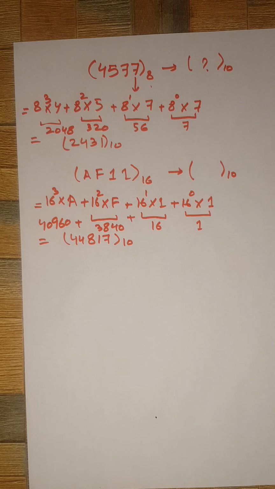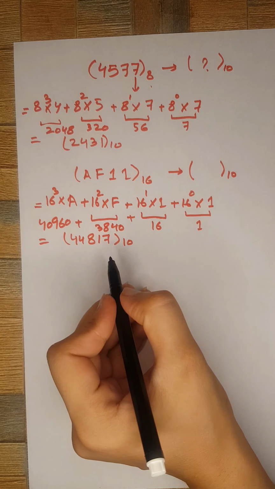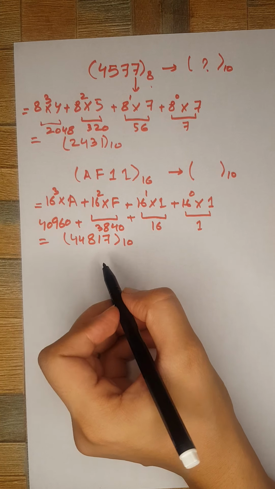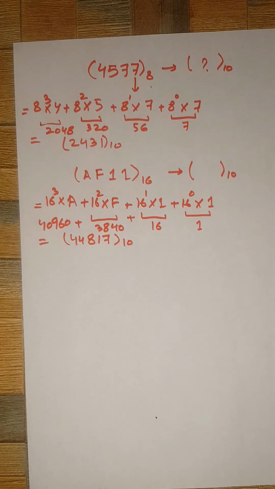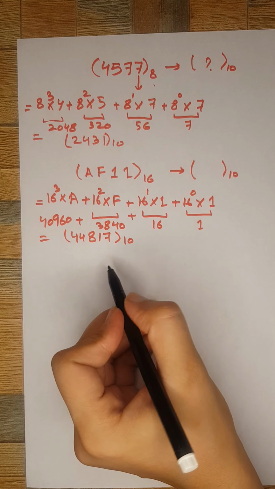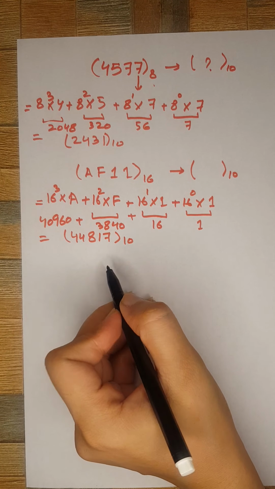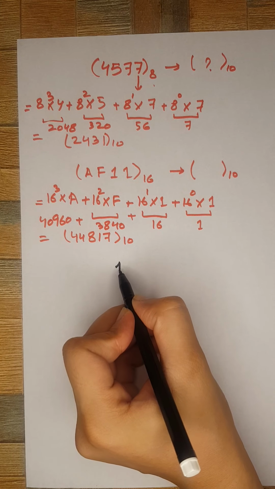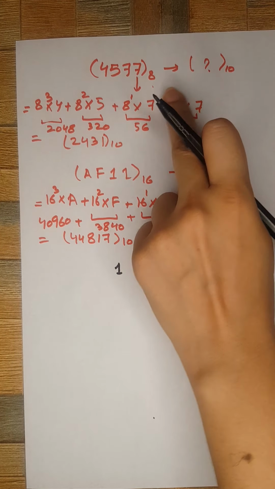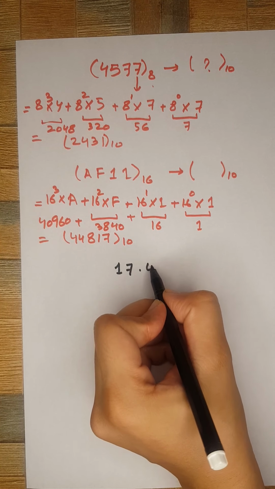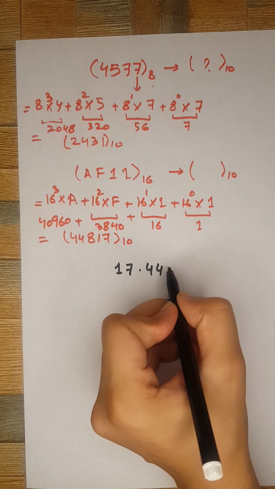Now I will do a simple example where we have some fractional part as well, and you can see how it works. I would prefer to do it for octal: 17.441.